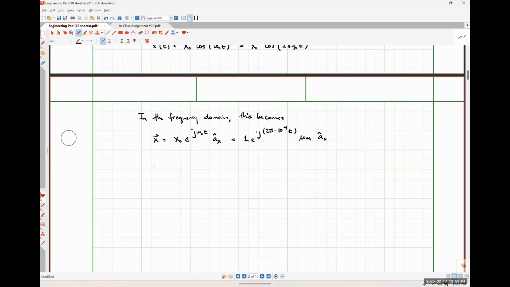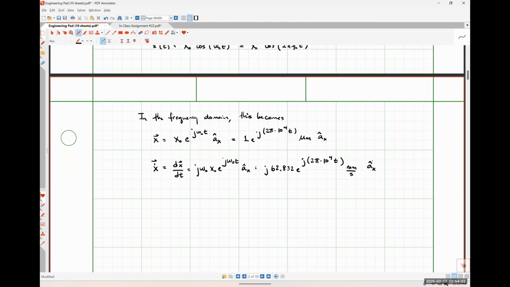So from this, our velocity, x dot, is just dx by dt, which is going to look like j omega naught x naught e to the j omega naught t in the x direction, or j times 62.832 e to the j 2 pi times 10 to the 4 t, and our units here would be in millimeters per second in the x direction.